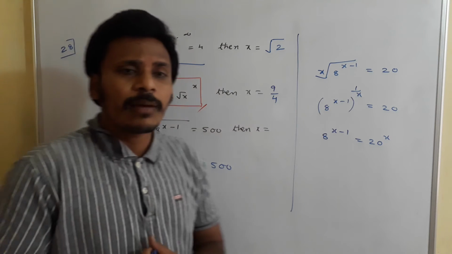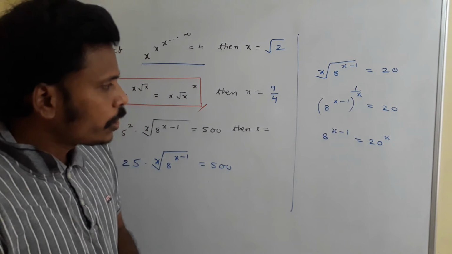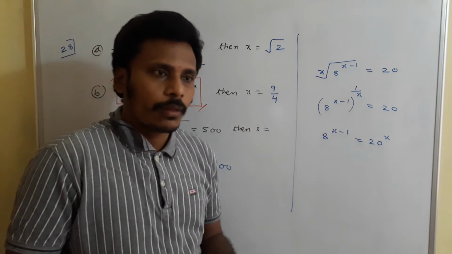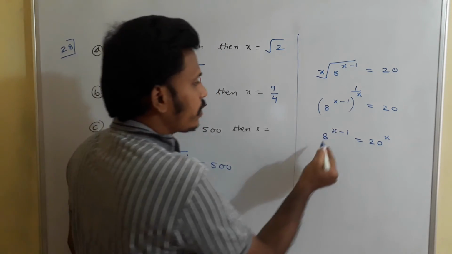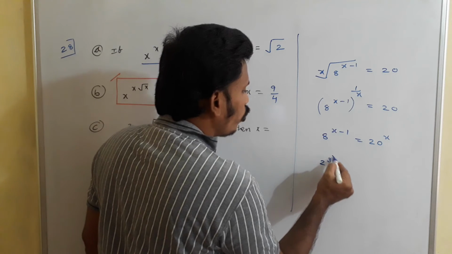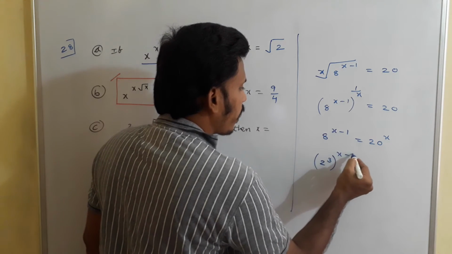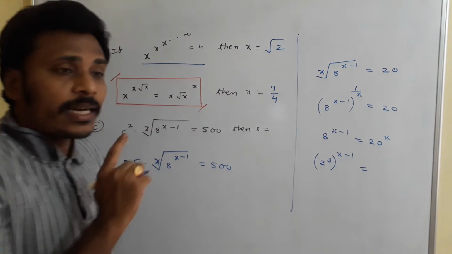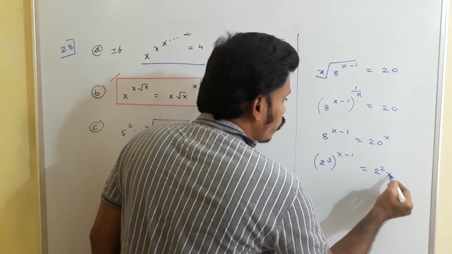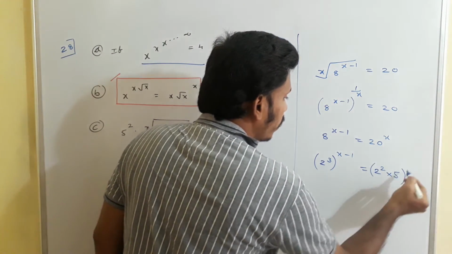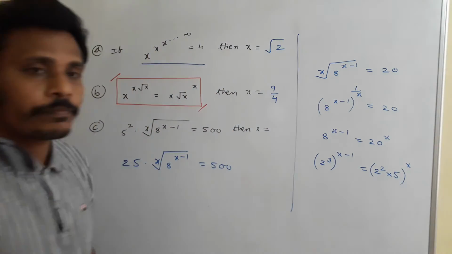See, we need to think about x, right? You just try to convert the bases to the least primes. In that sense, 8 I will rewrite as 2 cube, 2 cube to the power x minus 1. And that side I have 20. I will rewrite this 20 as (2 square into 5) whole to the power x.